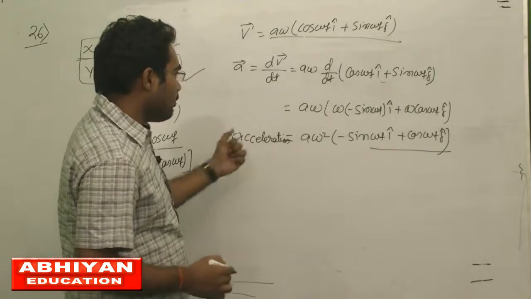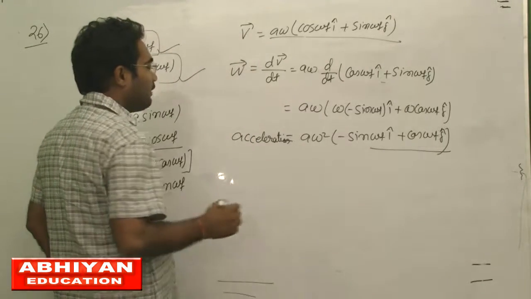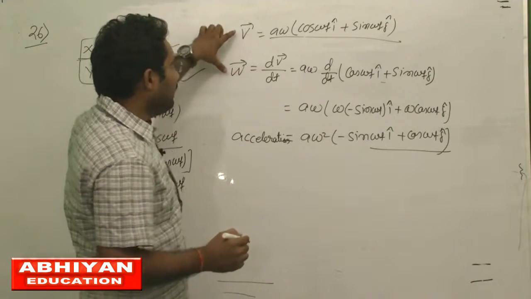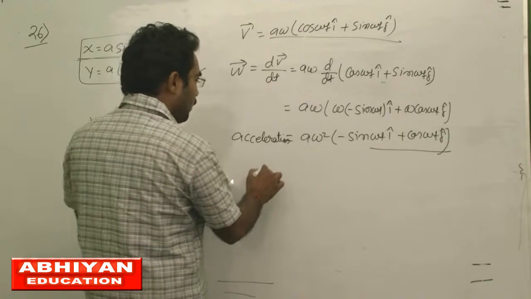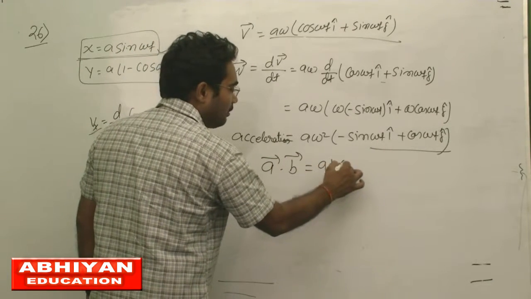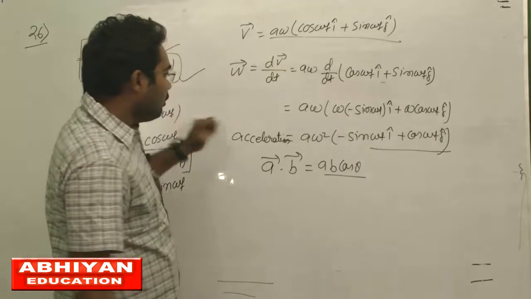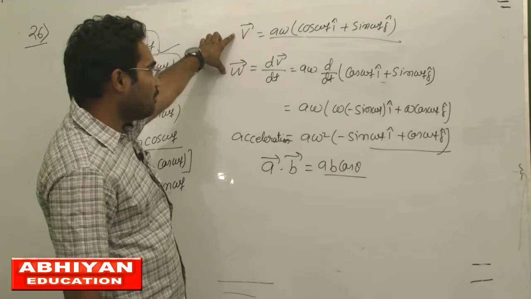Assume the symbol of acceleration is w. Now we have to find the angle between the velocity vector and the acceleration vector. The dot product of two vectors, a dot b, equals ab cos theta. So find the dot product of the velocity vector and the acceleration vector.